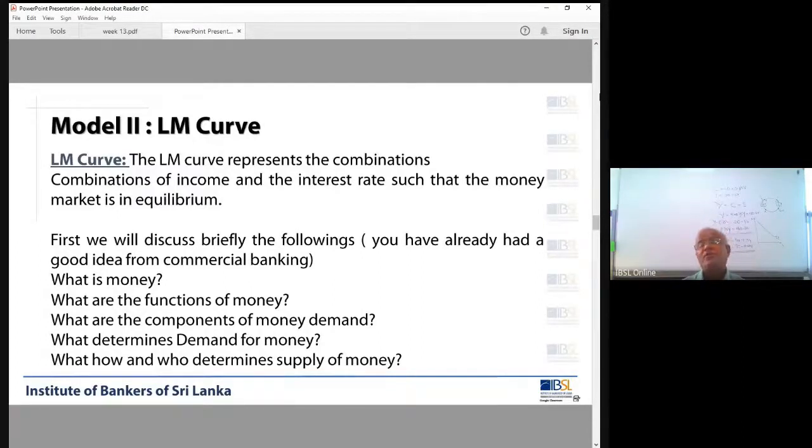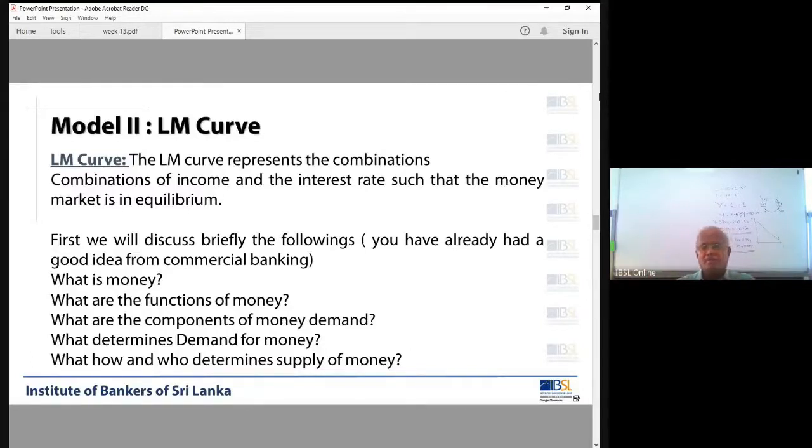For example, just after COVID, the central bank reduced the policy rates. When they reduce the reserve ratio and bank rate, what will happen? The commercial banks get the benefit. They can lend more money.